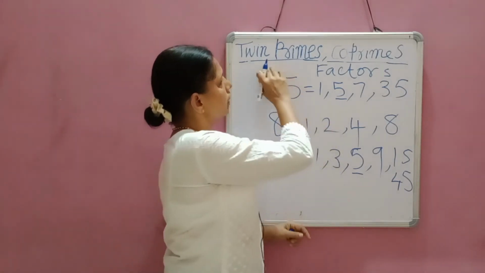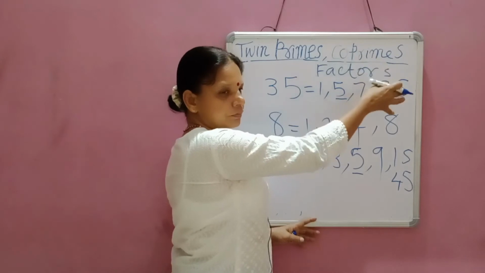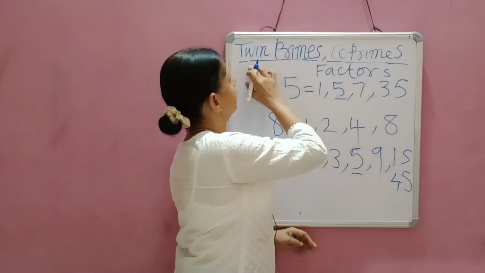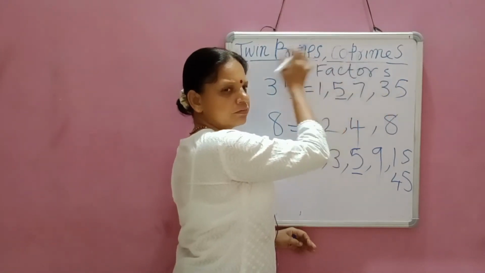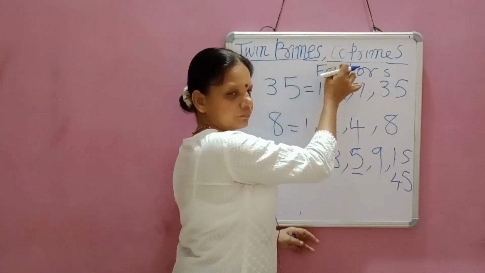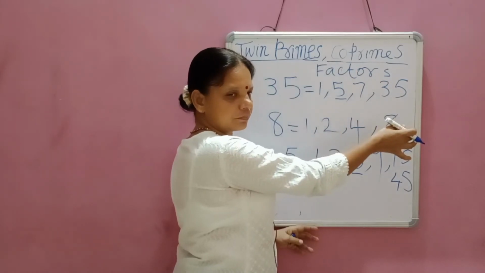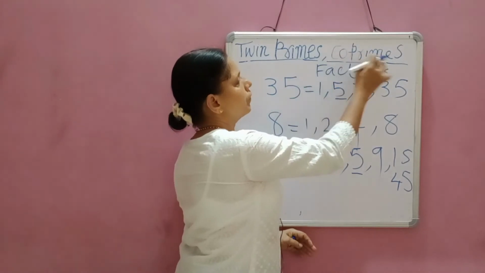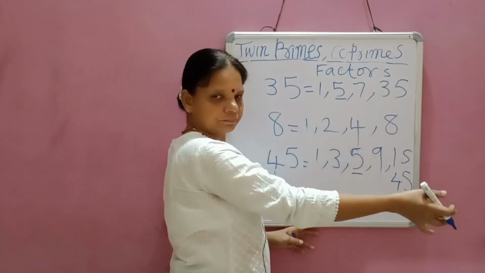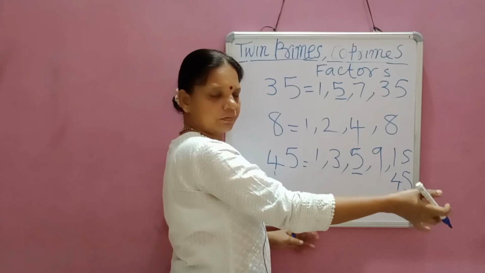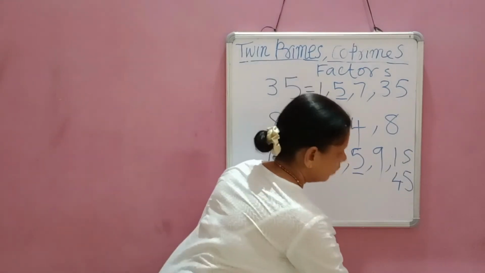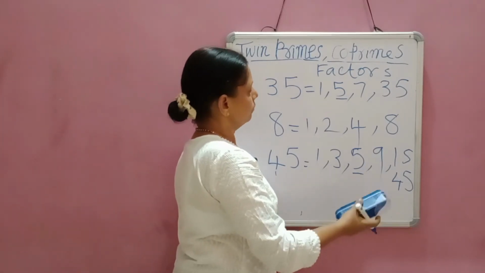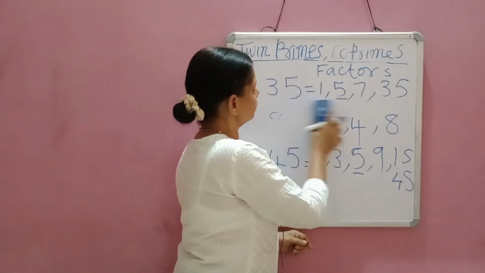Clear? So both are pairs of numbers. So understood what are coprime pairs and twin prime pairs. There is a lot of difference between them. There is no similarity. Twin primes are prime numbers. Coprimes are not necessarily prime, because prime numbers also can be coprime.